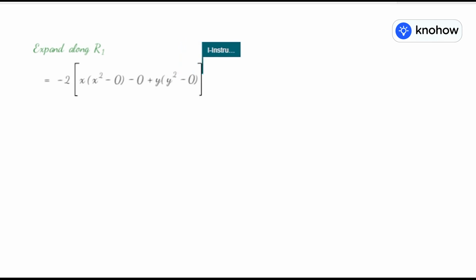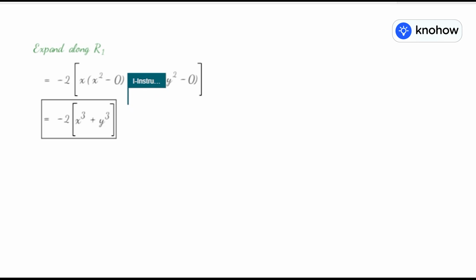So you just work it out, minus 2 is still outside, and you get x cube plus y cube. So the value of the determinant is minus 2 times (x cube plus y cube).